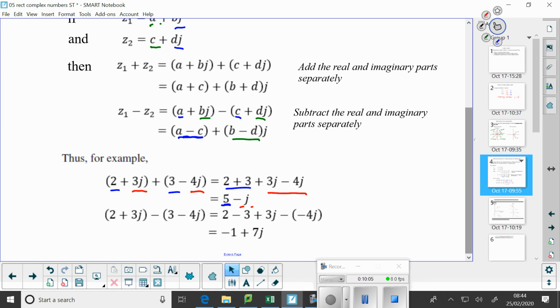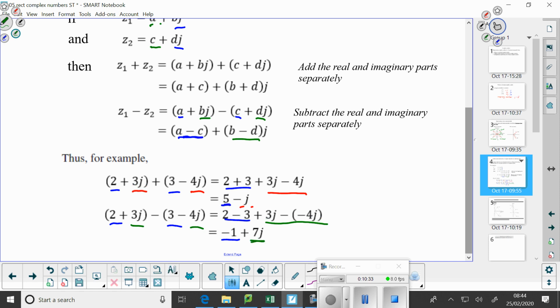2 plus 3j take away 3 minus 4j, so we've got 2 minus 3 is minus 1. And we've got 3 minus minus 4, that bit there. So you have to be careful with the signs of your numbers. There's a double negative there, means you add.